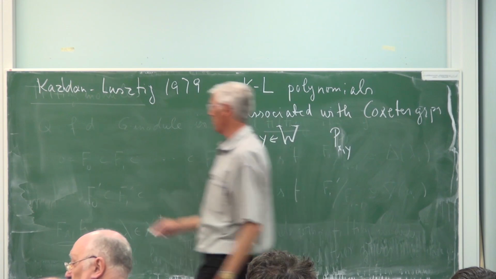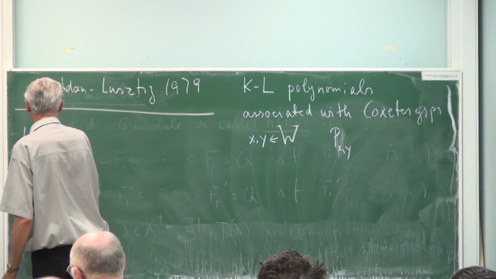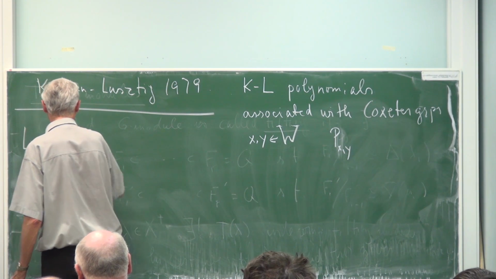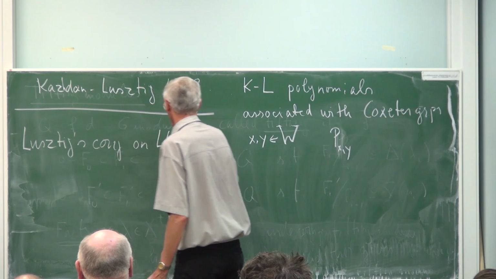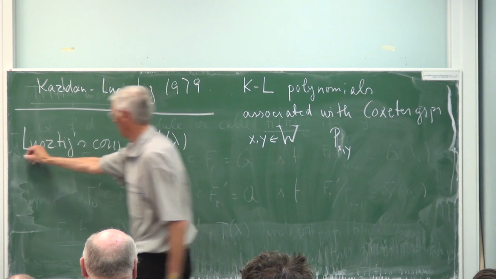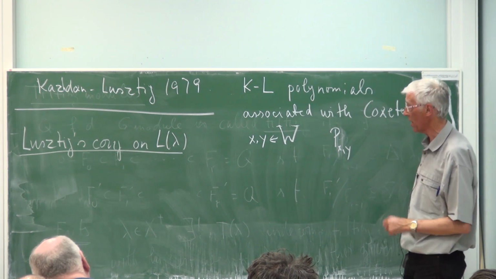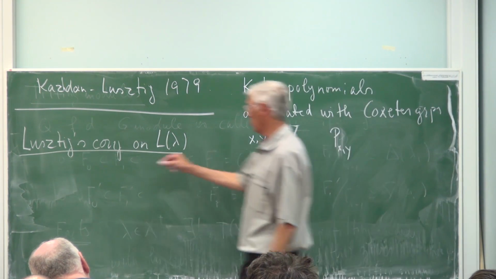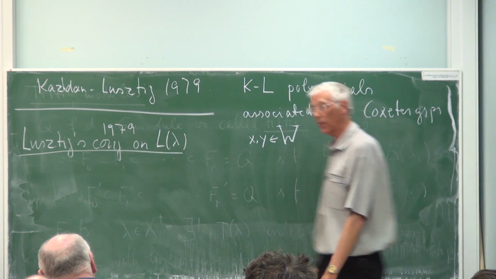And this is relevant for the following reason. There's a famous conjecture by Lusztig, giving a suggestion for the answer to Q1. This was put forward by Lusztig in the same year.